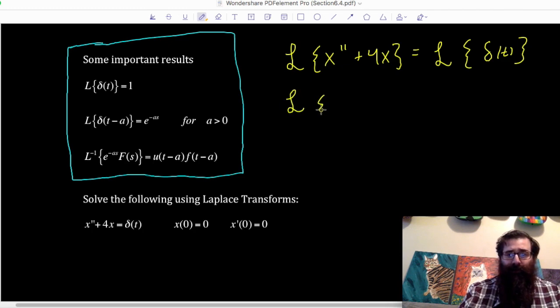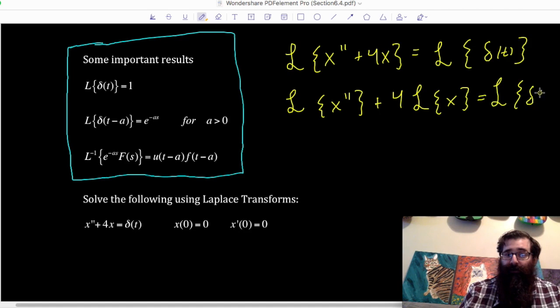So this is the Laplace transform of x double prime, and then plus, and I can bring the 4 out as a coefficient on the transformation. So 4 times the Laplace transformation of x equals the Laplace transformation applied on delta of t. And now we can think about this in terms of an initial value problem like we've been doing before.